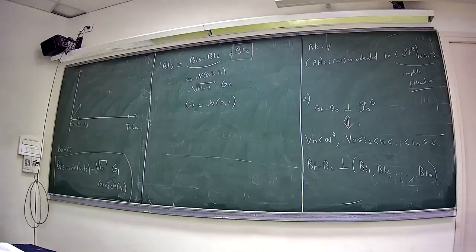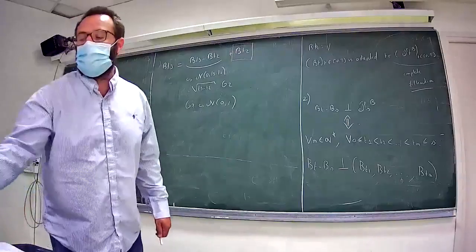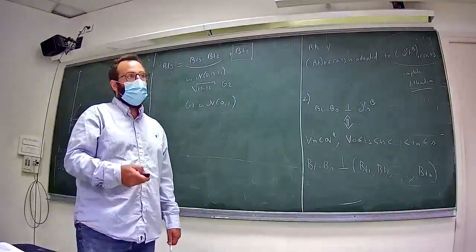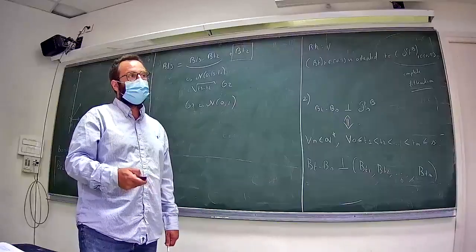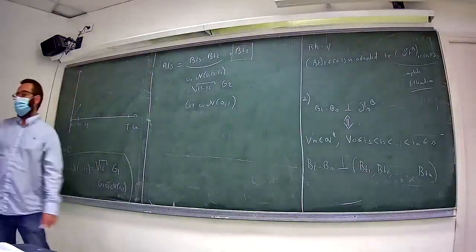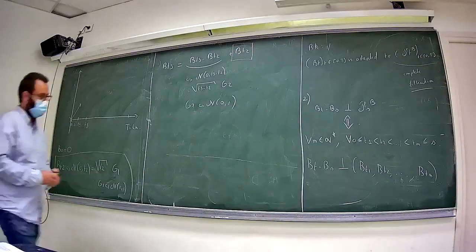Because if you use this, you only use the last part of the definition, the fact that the increment is Gaussian. If I use this one, what can I say about G2 and G1? They have to be independent.